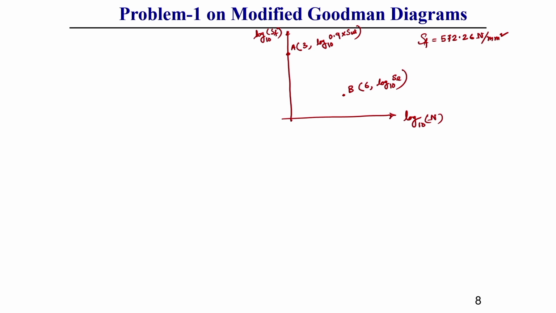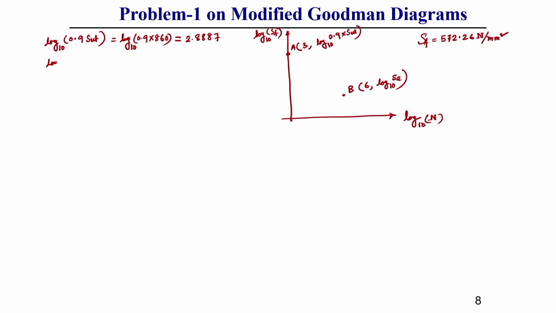So, we know log10 0.9 into S ultimate, that is log10 0.9 into 860, this will give us a value of 2.8887. So, 2.8887 I am just directly putting.